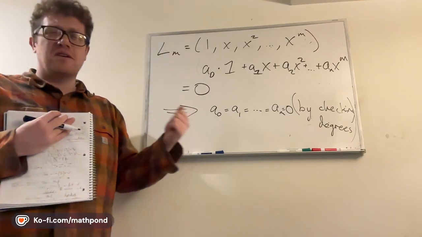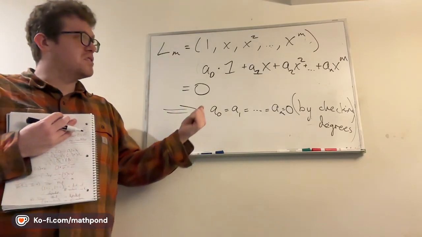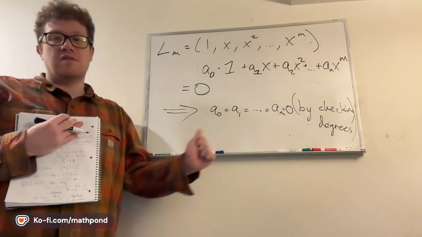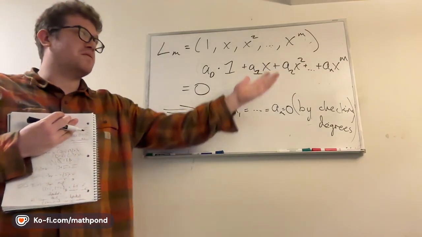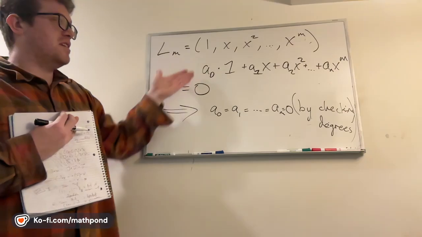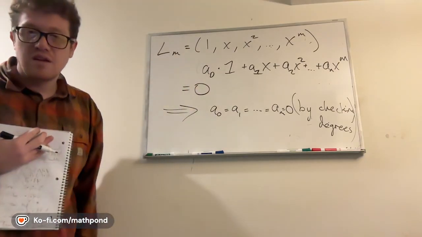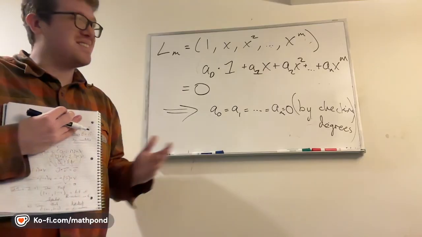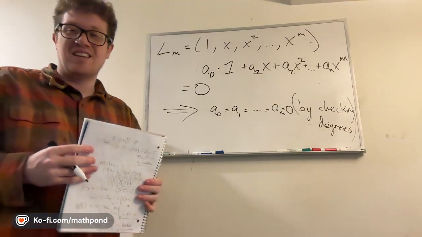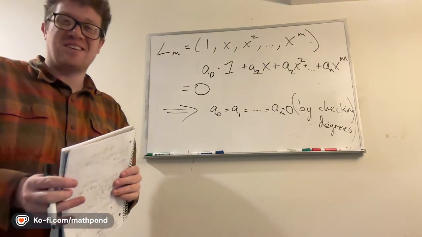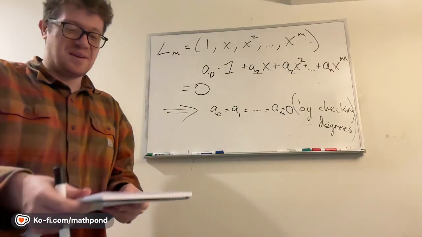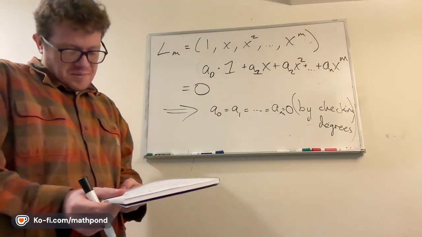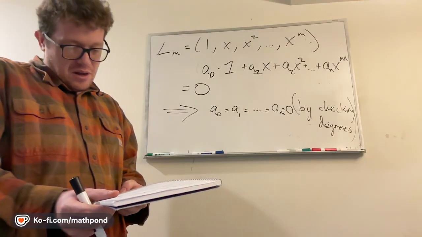You can just compare the degrees, 0 polynomial versus these, and by necessity all of the coefficients have to be 0, or else the degrees won't match. If you have two equal polynomials, they have to have the same degree, or else I don't know what degree would mean if the same polynomial could have two different degrees. Any questions?